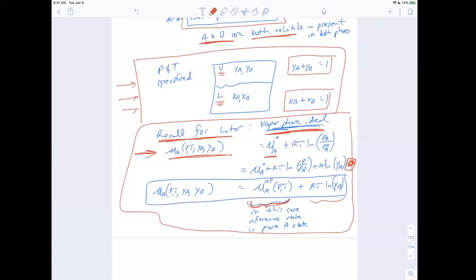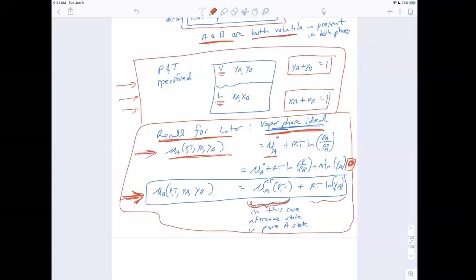So keep this in mind: if you have an ideal vapor, a mixture which is ideal, and each one of those species is represented as an ideal gas, the chemical potential of each one of those species is represented as the sum of some reference state chemical potential, which can be pure, or it can actually be a combination. It can be a mixture, or it can be any phase you want. You get to choose what that reference state is.